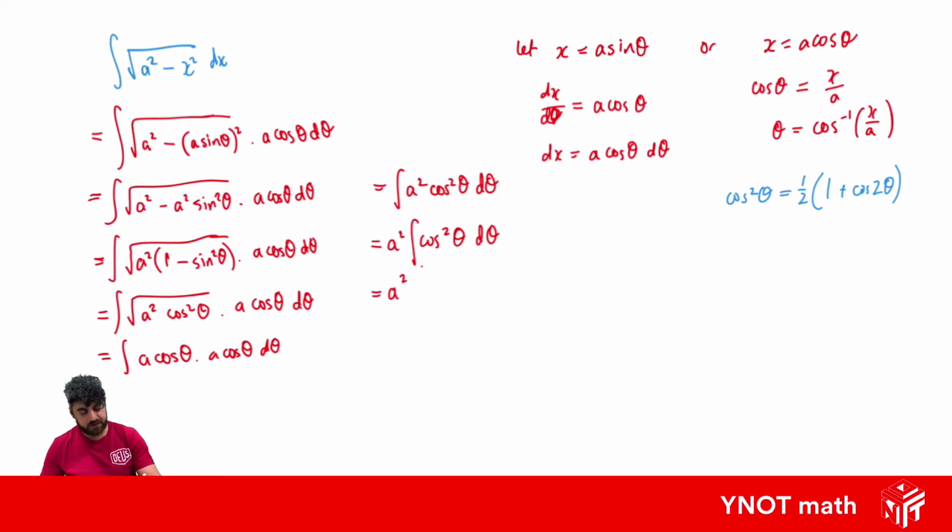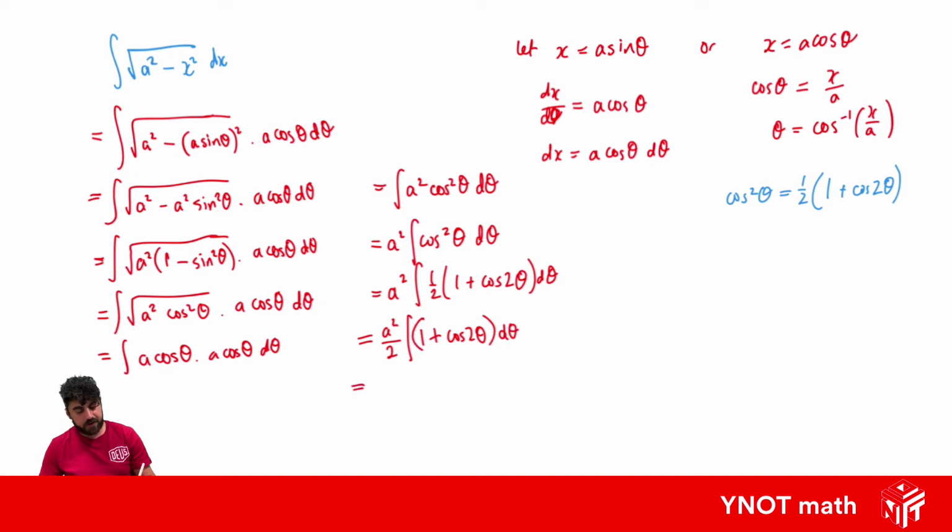So it's just using our double angle result. So we're going to have the integral of a half outside of 1 plus cos 2 theta d theta. We can take the half outside, so we're going to get a squared over 2 times the integral of 1 plus cos 2 theta d theta.